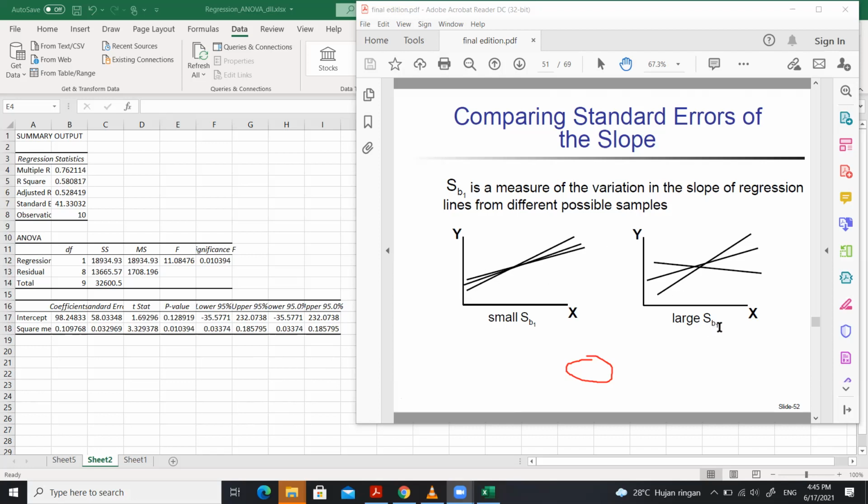Compared to a large SB1, the possible predictor will be more variatif. Possibility-nya itu lebih variatif, slope-nya bisa sangat ekstrim terhadap prediktornya. Berbeda kalau yang small SB1, prediktornya itu tidak akan ekstrim sekali gitu kan.